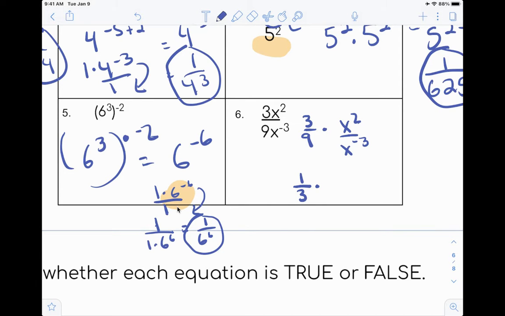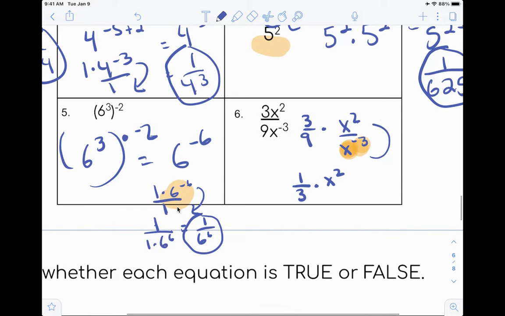Now x squared, that exponent is positive, so I'm going to leave it in the denominator. But the x to the negative 3, right here, I'm going to bring that up, change position, and make the exponent positive.